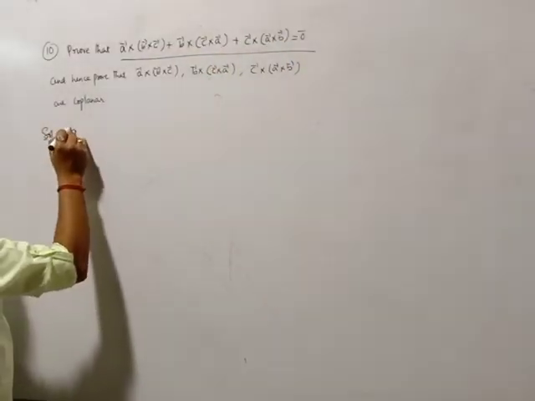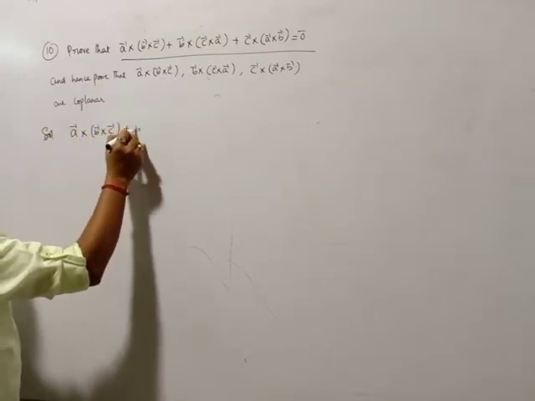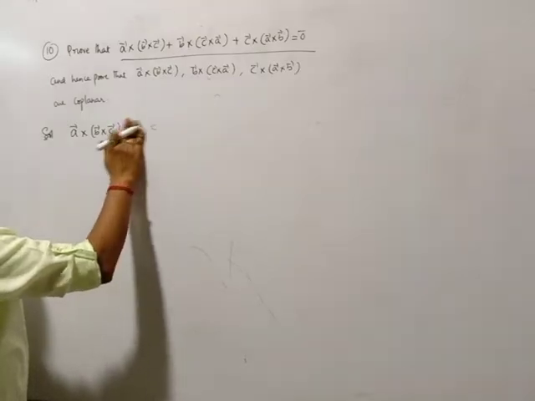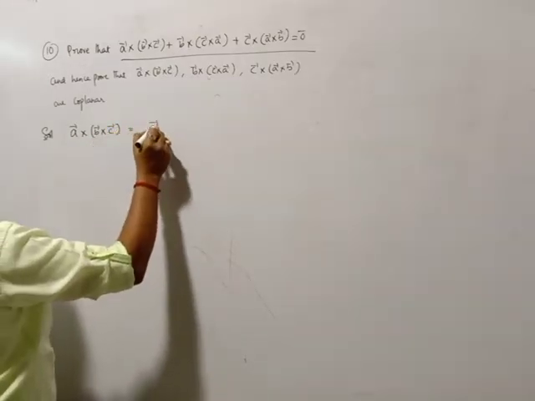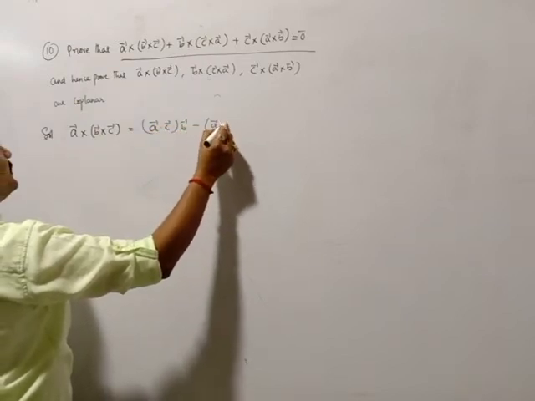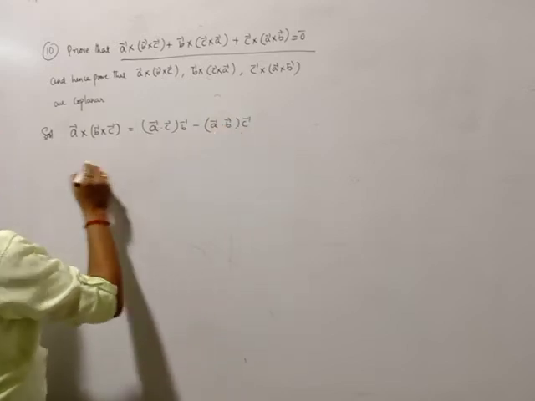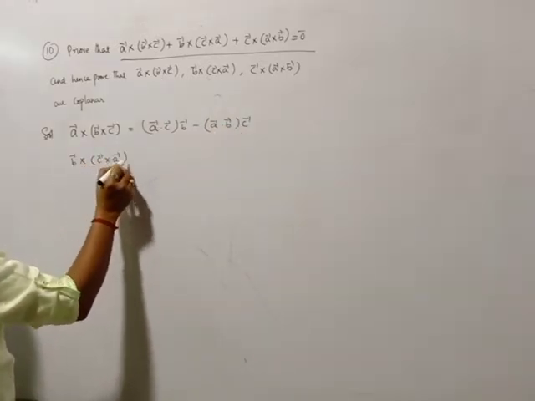So first of all, write A bar cross of B bar cross C bar, using the formula A bar dot C bar into B bar minus A bar dot B bar into C bar. Again, next one, B bar cross C bar cross A bar. Same concept applies.